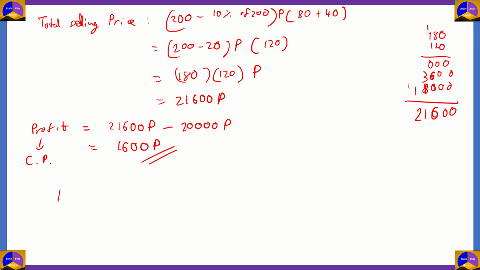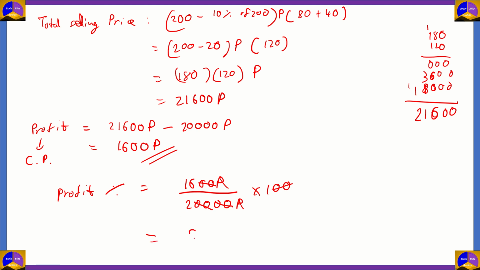So the profit percentage would be 1,600p, which is the profit amount, over the cost price, which in this case is 20,000p, times 100. The p's get cancelled, 2 zeros get cancelled from 1,600 and 2 zeros from 20,000. What we get is 16 over 2, which is equal to 8%.